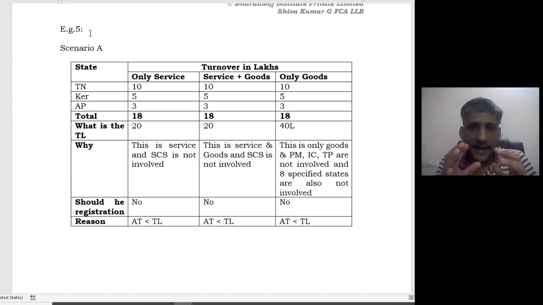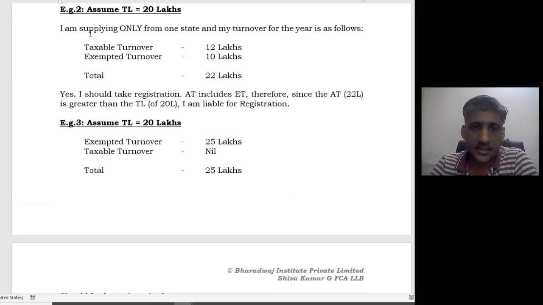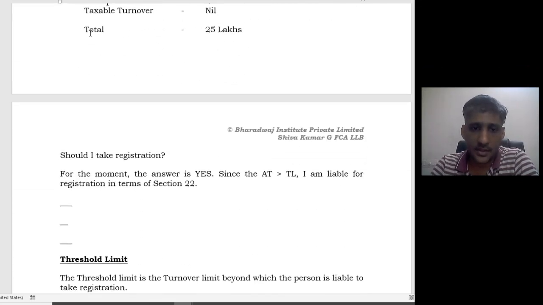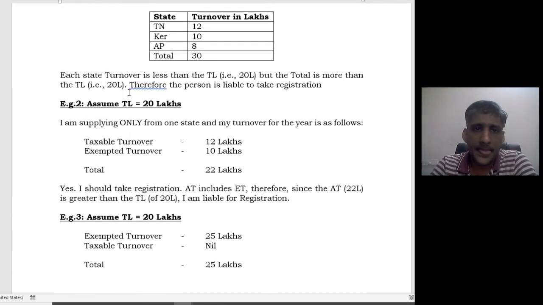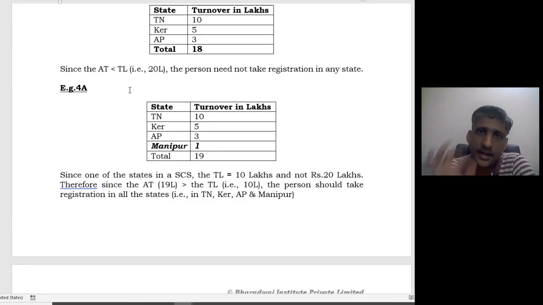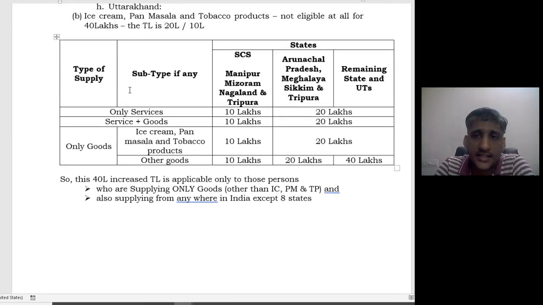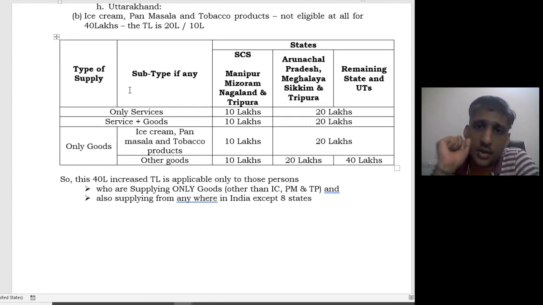See, every scenario I'm giving now is an exam question. Please understand, this is an exam question. Everything is an exam question, so you need to be very careful. Try to understand every scenario. Every scenario can either be an MCQ question or a 2-mark or 5-mark question. All these are latest amendments, applicable from April 2019 onwards.